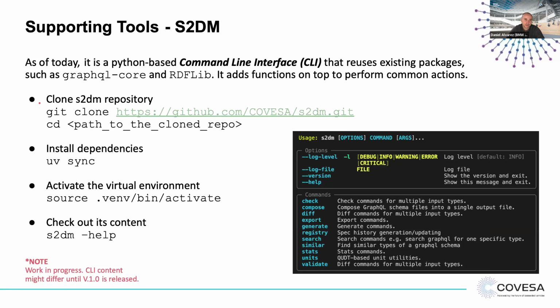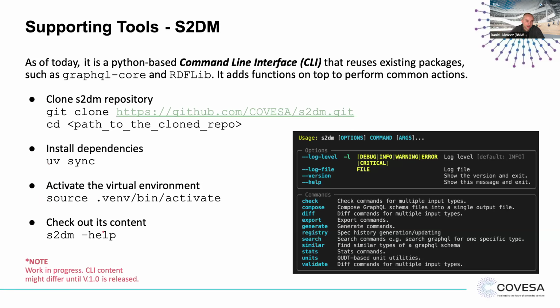So I will just cover some of these functions in the examples, but for you to know, the steps are quite straightforward. In order to use this, basically you need to clone the repository. You move to your repository, you make sure you have the UV package manager installed, and then once it's there, you install the dependencies. And once you are there, you activate the virtual environment in order to avoid typing the initial part of the command every time, saying that you are executing something from this environment, so you can have it active.